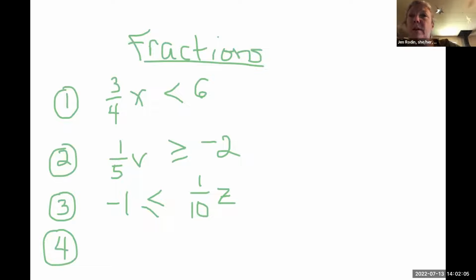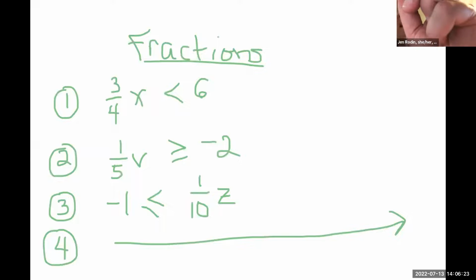The second one, multiply both sides by 5/1. Third one, multiply both sides by 10/1. Just be careful with your signs, because you have more balls in the air than usual. And if it's a new technique, give yourself some time.